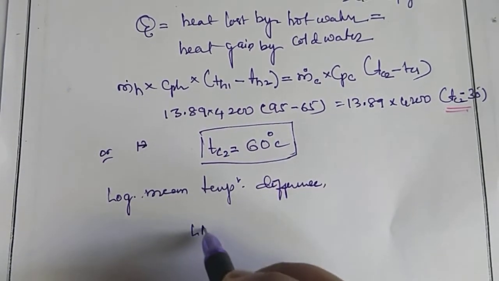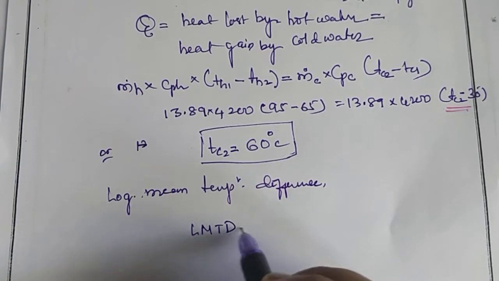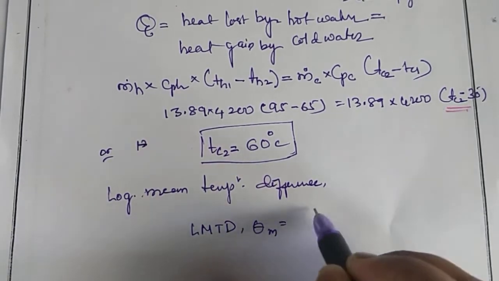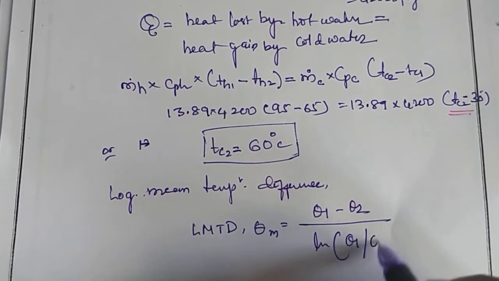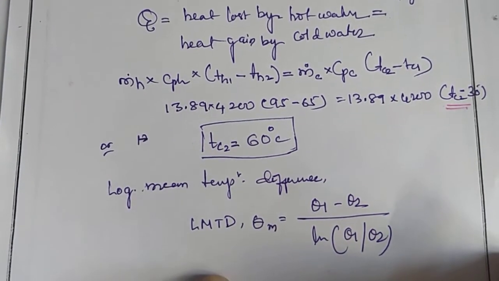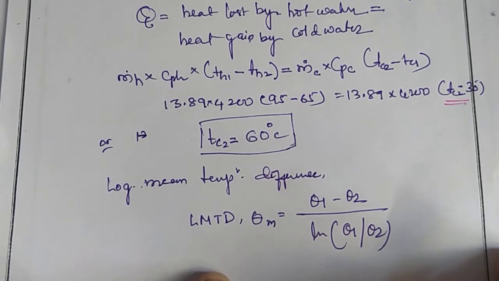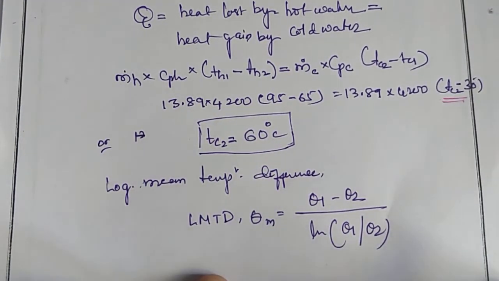For parallel flow, theta m is equal to theta 1 minus theta 2 divided by ln of theta 1 divided by theta 2. You know this because we already derived this equation for different cases, parallel flow and counter flow. This is for the parallel flow.